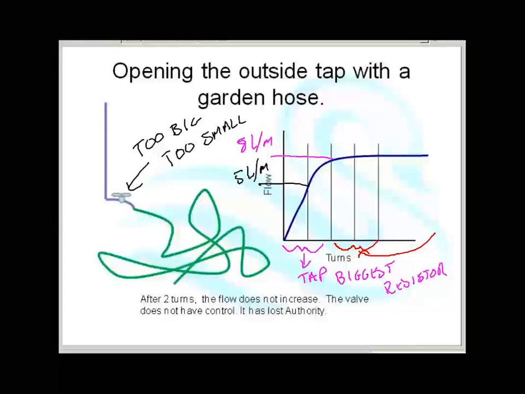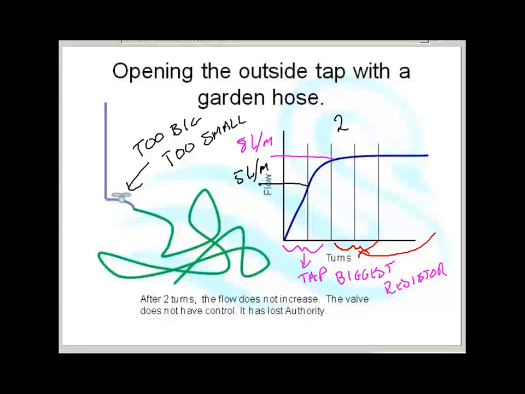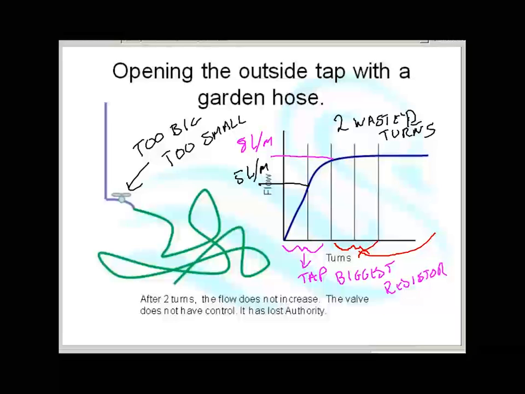The reason the tap is too big is because it has 2 wasted turns. Basically, after 50% open, the tap, we don't get any more control out of the tap. The tap is too big.